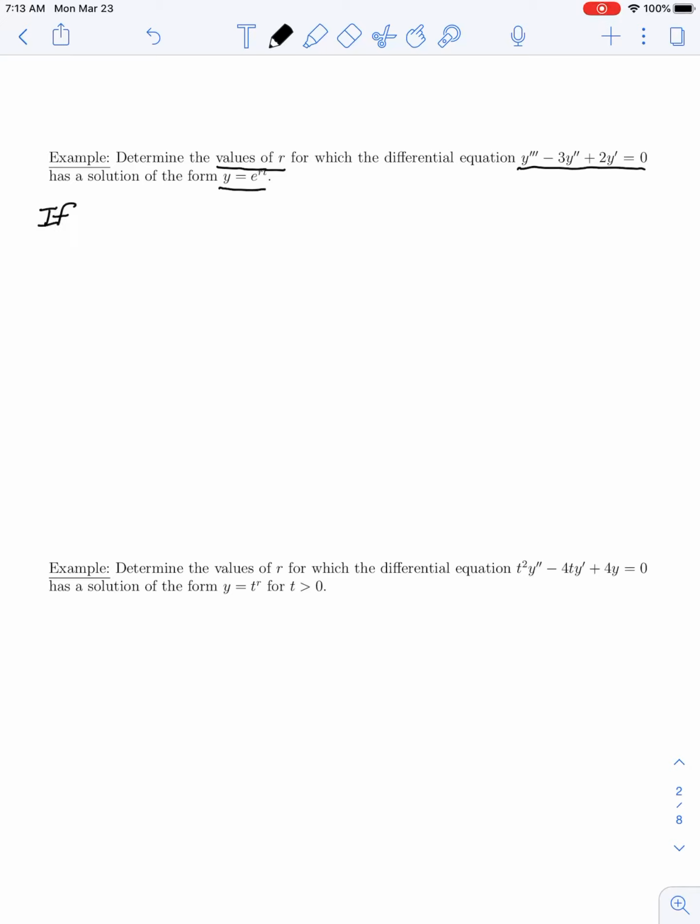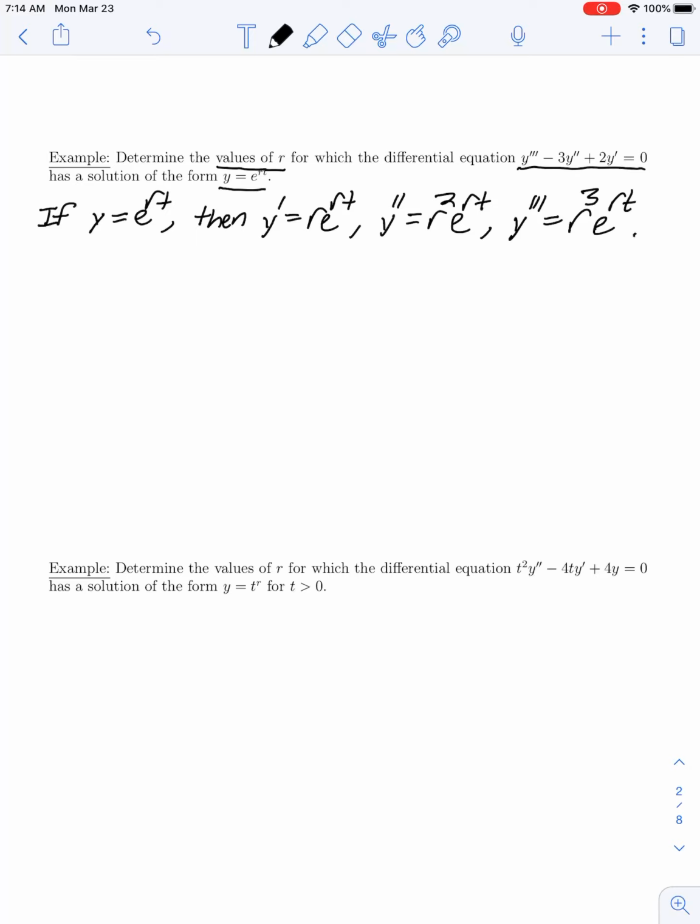So our first step, as with the previous examples, is to find our first three derivatives. So here, if we are assuming that our solution has the form y equals e to the rt, then let's find our derivatives. Y prime, using the chain rule, would be r e to the rt. Y double prime is then r squared e to the rt, and y triple prime would be r cubed e to the rt.